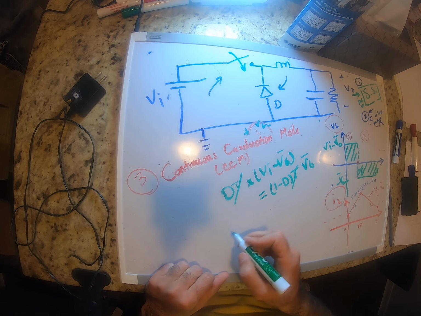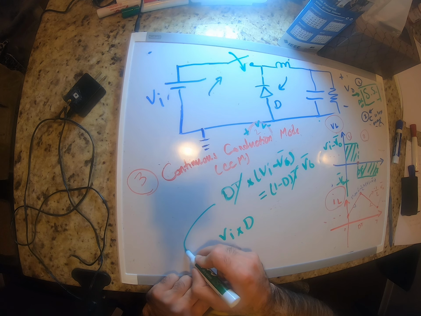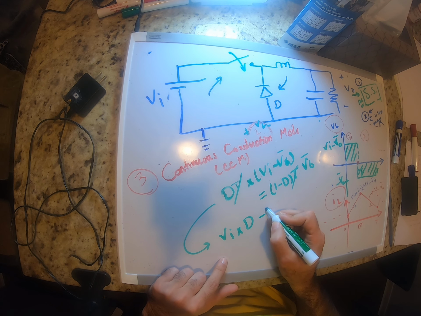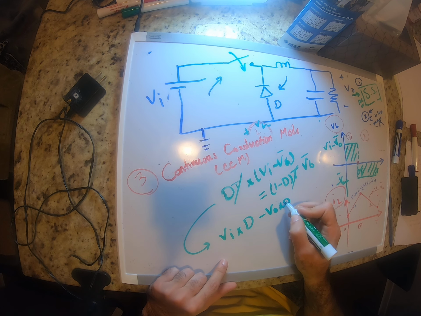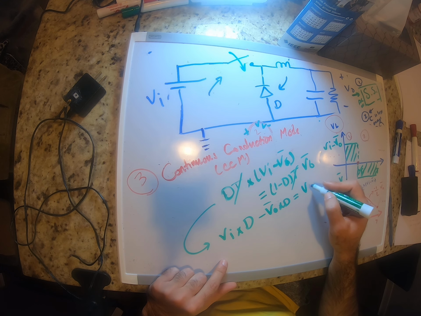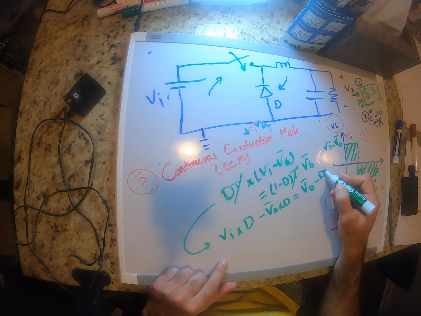This tells us that Vi times d minus Vo times d is equal to Vo minus d times Vo.